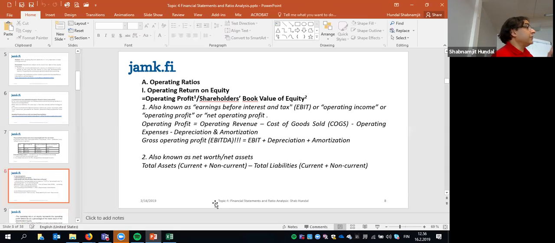The question is, which profit? Which profit is very important. Operating profit, that profit which only arises because of the company's operations. And why do you invest in a company? You invest in a company because of its operations.